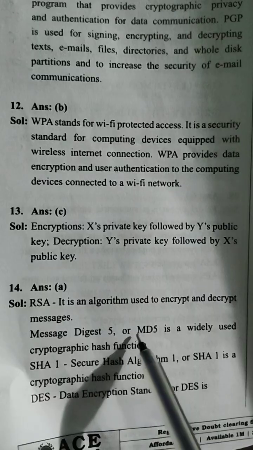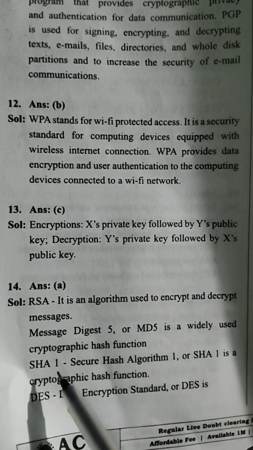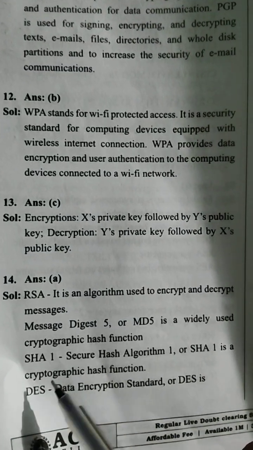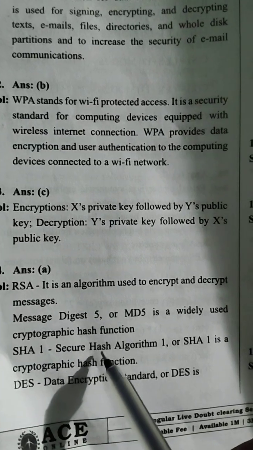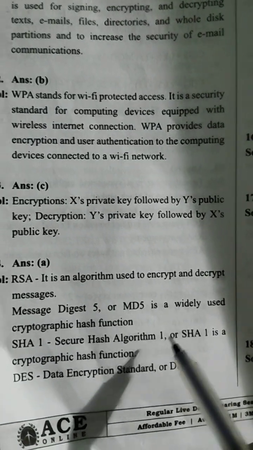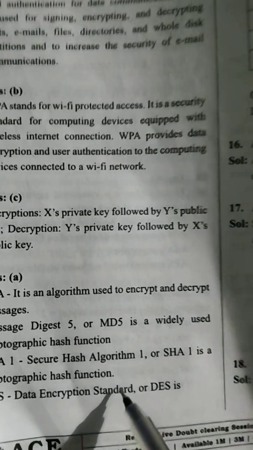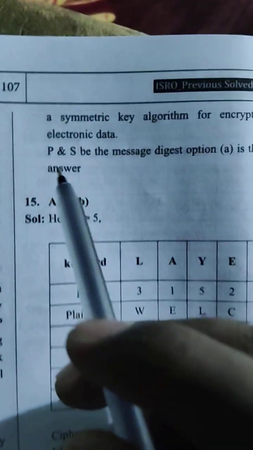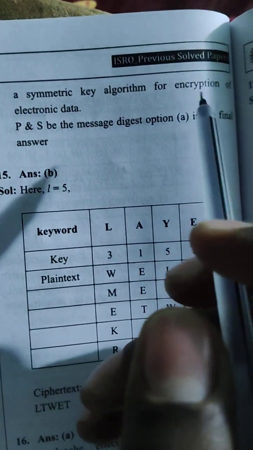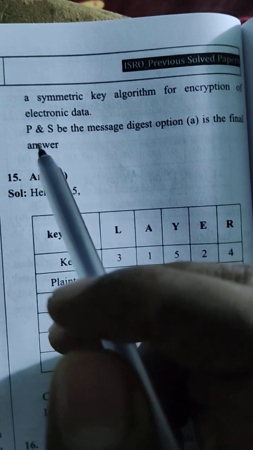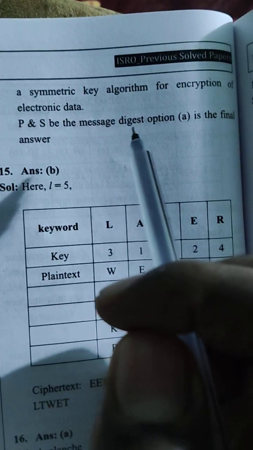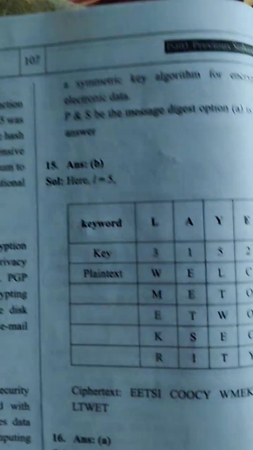Message Digest 5, or MD5, is a widely used cryptographic hash function. SHA-1, Secure Hash Algorithm 1, is a cryptographic hash function. DES, Data Encryption Standard, is a symmetric key algorithm for encryption of electronic data. MD5 and SHA generate the message digest. Option A is the final answer.